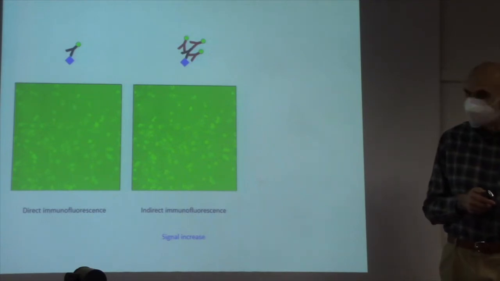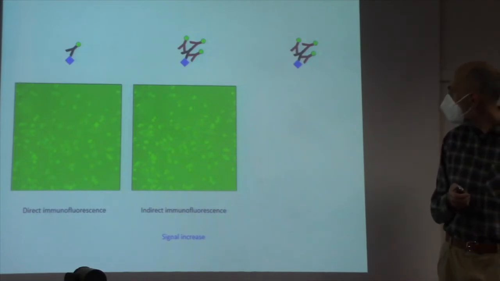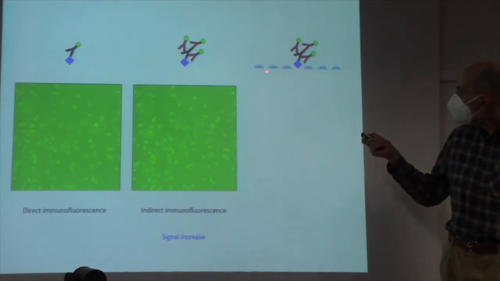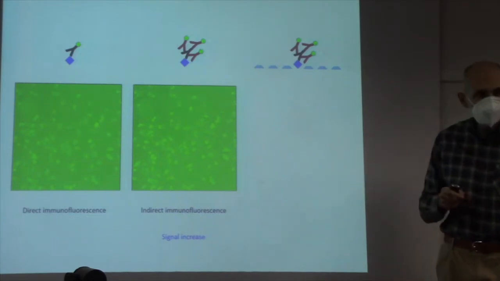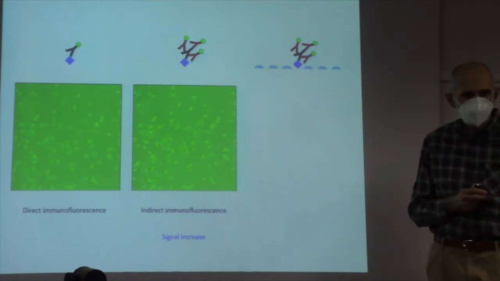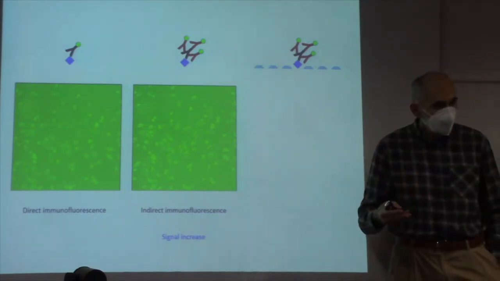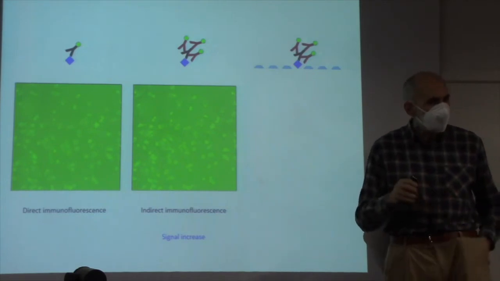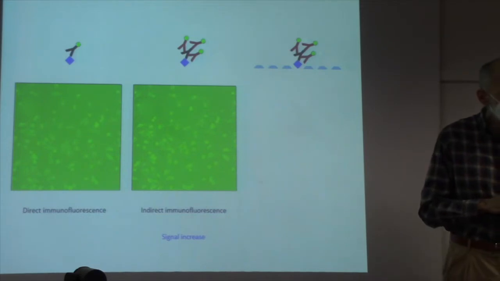When we do that, we have the same technique in indirect immunofluorescence, but this time we coat the plate where the cells are with a protein that basically blocks all possible sites to which the antibodies will bind non-specifically.